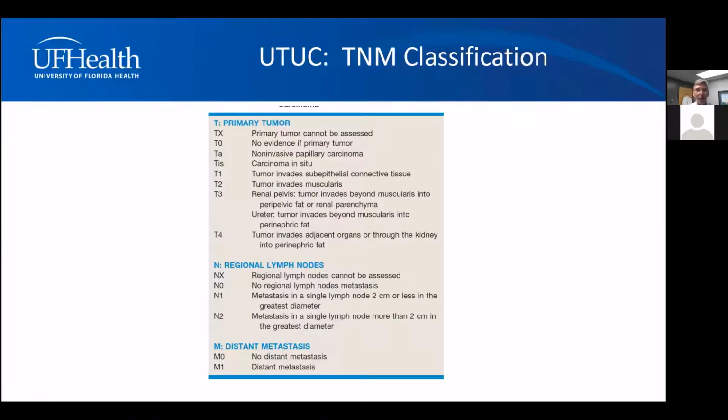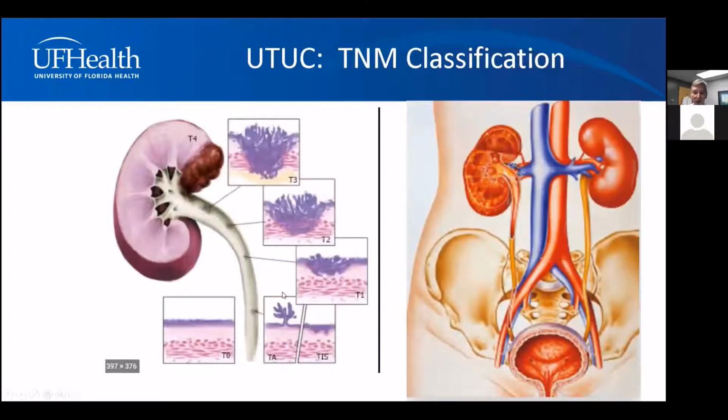So this is the TNM classification that you should be familiar with, and it really mimics the bladder staging. A diagram is showing this: T3 going into fat, T2 into muscle, T1 lamina propria on the surface. You're all familiar with this.